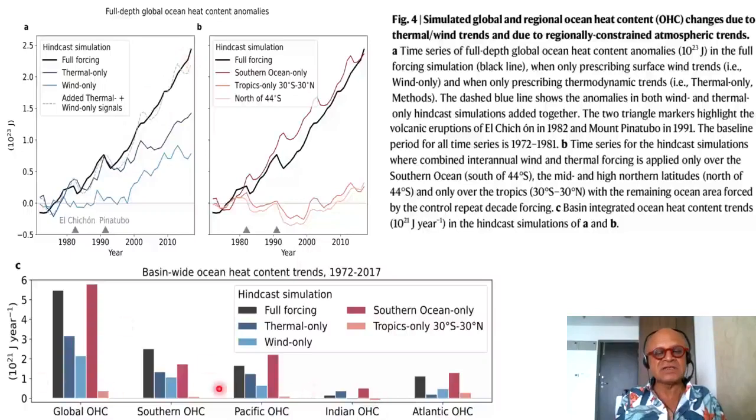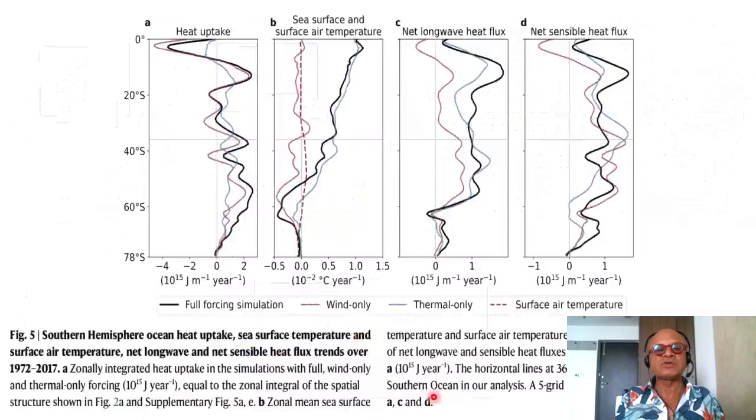So the basin scale differences of wind forcing versus thermal only forcing are compared here. Again, global OHC, Southern OHC, Pacific, Indian, and Atlantic OHCs are looked at, but it's better to just go to the conclusion. These are the ocean heat uptakes and related profiles, and again the full forcing simulation, wind only, thermal only, and surface temperatures being shown here.